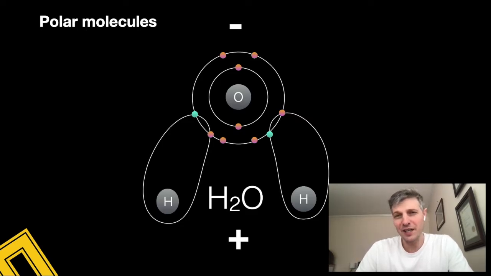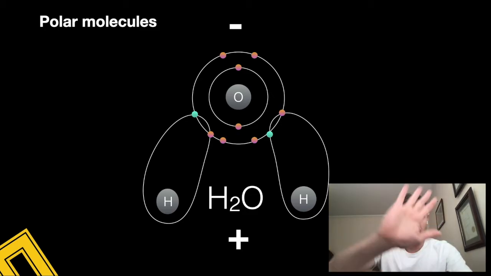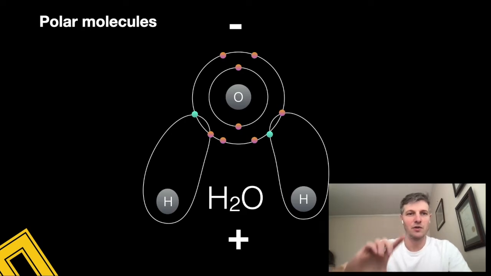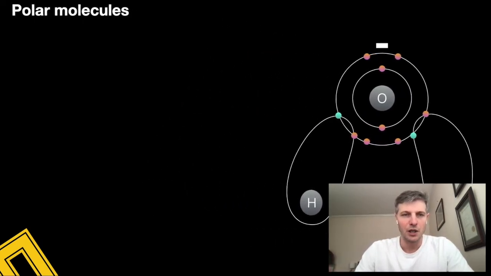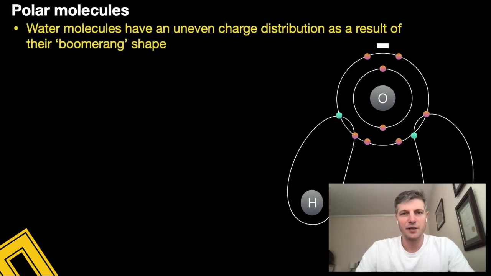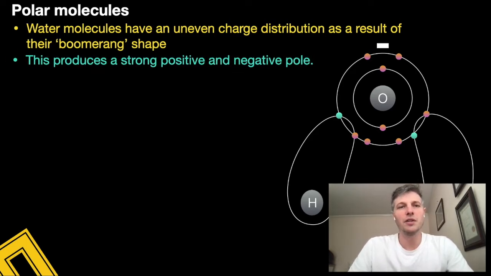And what that means is we get an uneven charge distribution. We have a more positive end down the bottom where you've got those protons in the hydrogen nuclei, and all those electrons are in the upper part, near the oxygen. Because of that boomerang shape, we get an uneven distribution of charge, and this produces strong positive and negative poles.